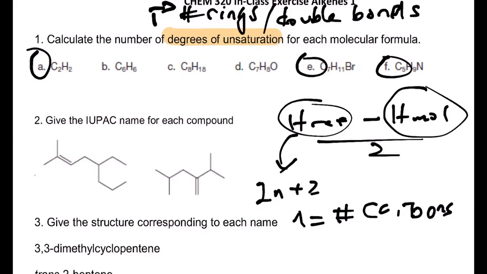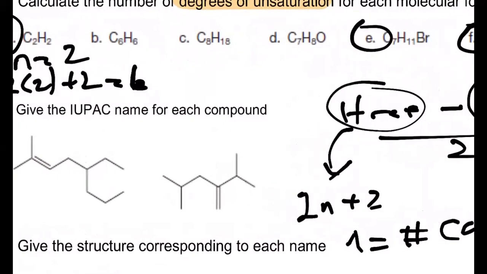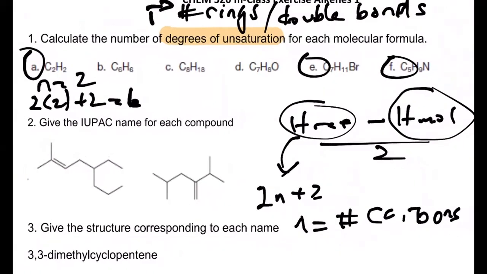All right. So for A, what is N for A? 2. 2, right? So if we apply that, 2N plus 2 is what? 6. Right? And so 6 is H ref for that first example. And then H molecule is what? How many hydrogens are present there? 2.